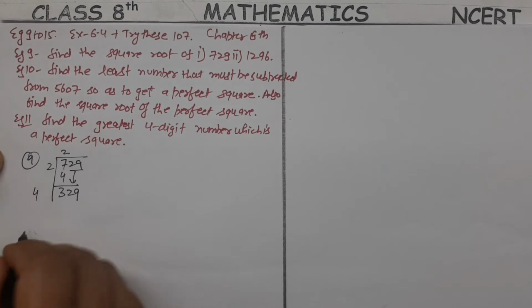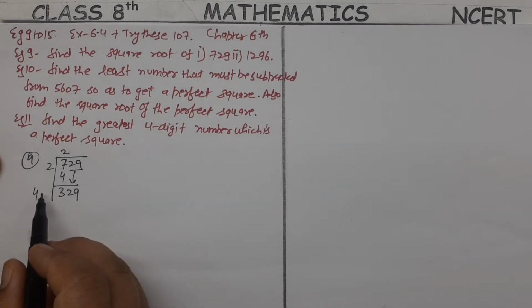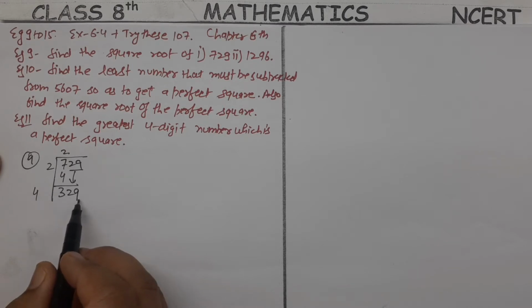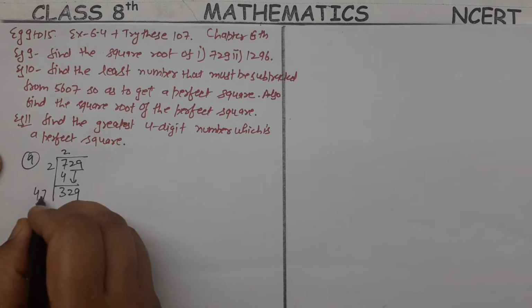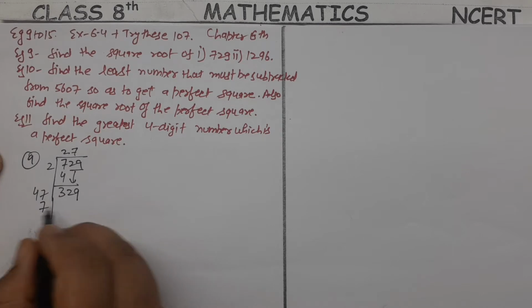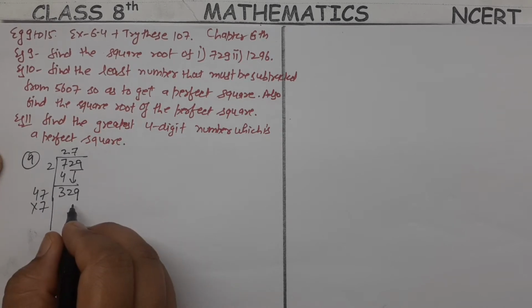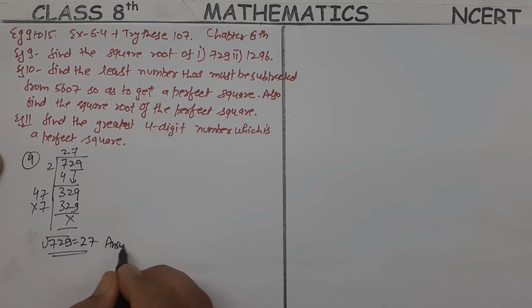Double of 2 is 4. We will write a number here like 7. 7 7s are 49. Multiply 47 by 7. We have 329. Remainder is 0. Hence, the square root of this number is 27.